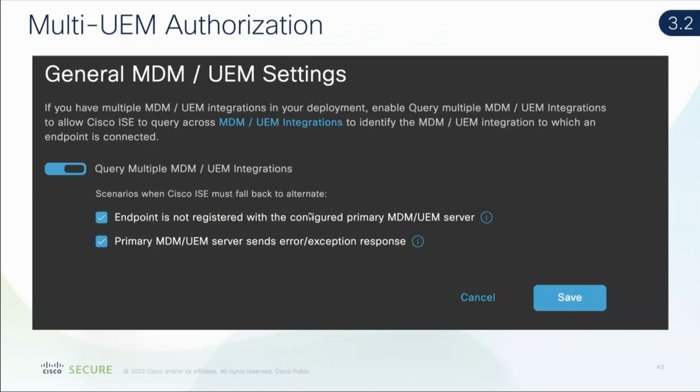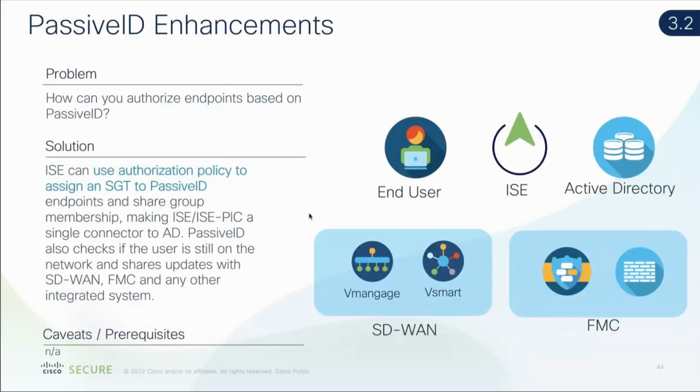If it is not found in the second, it goes to the third MDM vendor you have integrated with. That's how it checks multiple MDM partners for the registration status and the compliance information, to give compliant or non-compliant differentiated privileges to the endpoints. That's the power of the multi-MDM authorization feature.